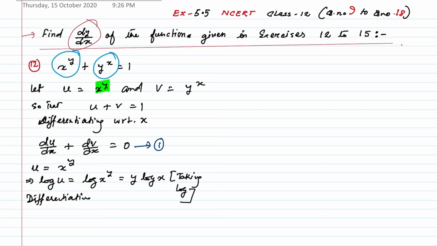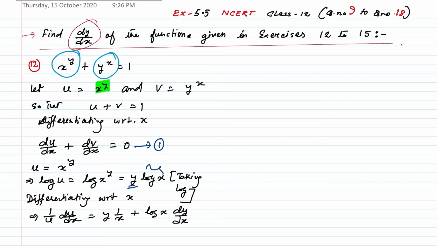it will be 1 by u du by dx. Then consider y as the first function and log x as the second function. So here we will get first function y, derivative of second function, derivative of log x is 1 by x, so here it will be 1 by x, plus second function, that is log x, derivative of y will be dy by dx.